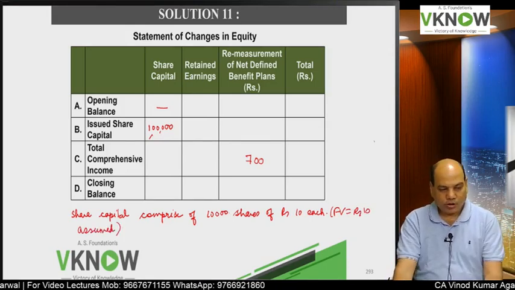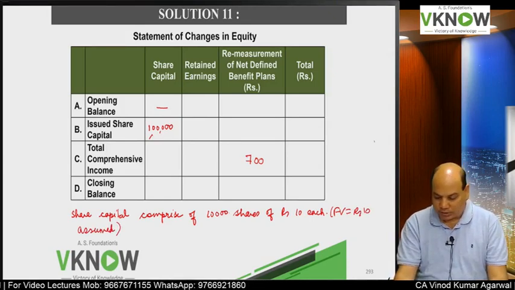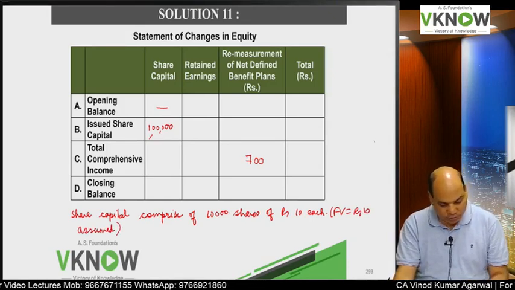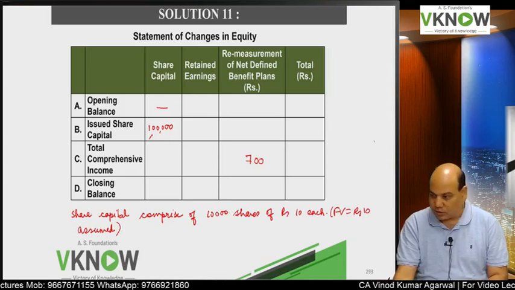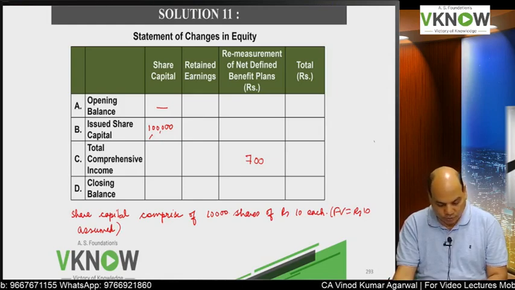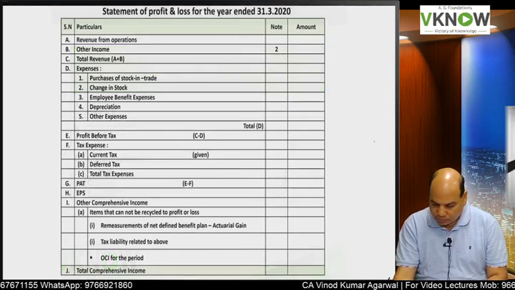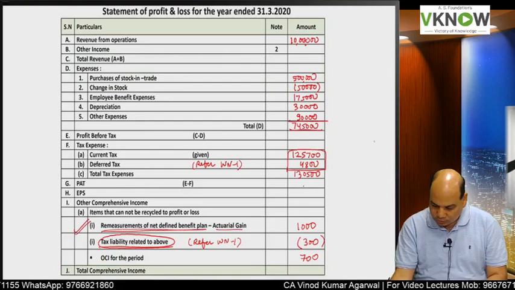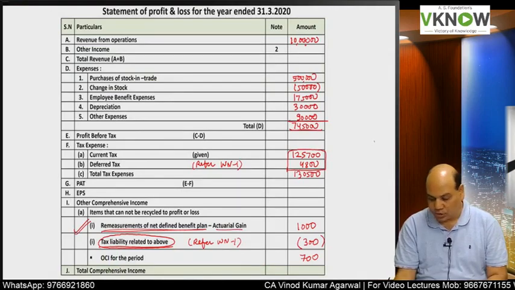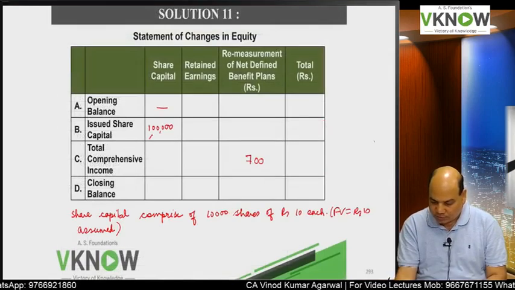No problem. You can assume 100 rupees if you want. And next line in the question is reserve and surplus. Reserve and surplus I will have to recalculate. Okay, so don't worry, because it will be based on this PAT figure and OCI figure. OCI I have written, PAT is pending.